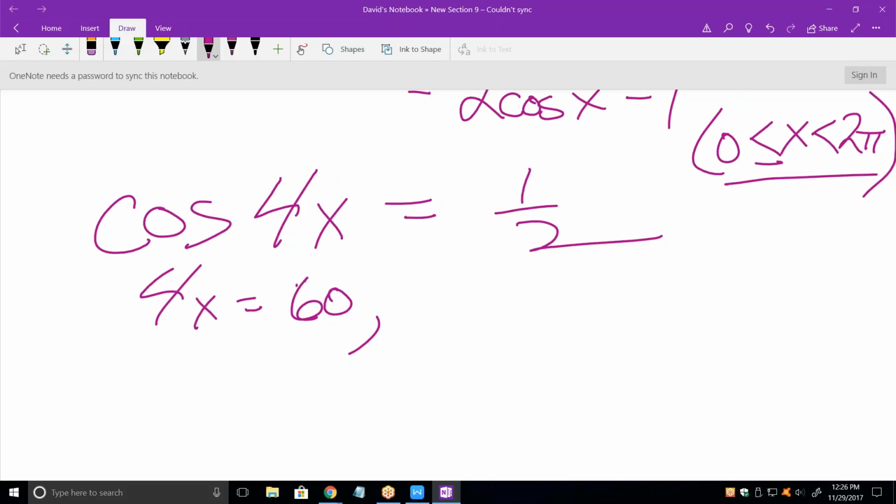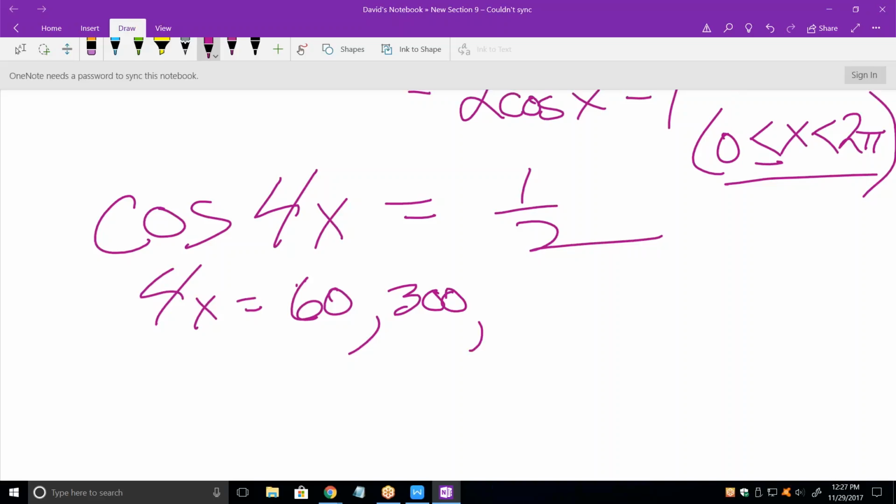But there's definitely another quadrant in the unit circle where it's equal to that. Which quadrant is it? Where's cosine positive? Fourth quadrant. Okay, so what is the fourth quadrant angle that is the same as 60? 300. Okay, good.